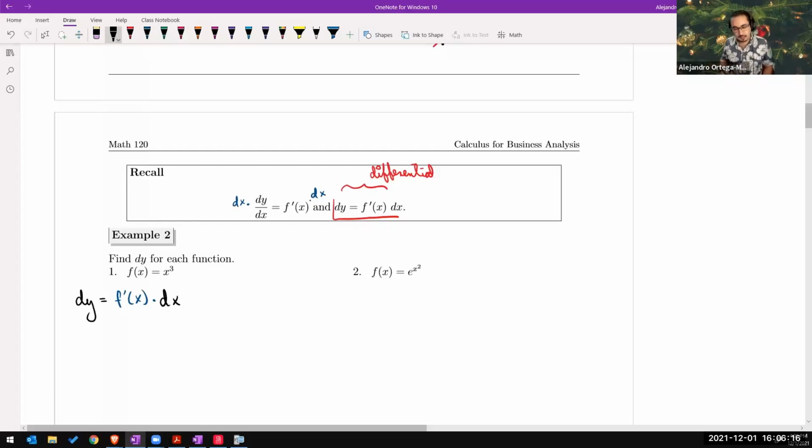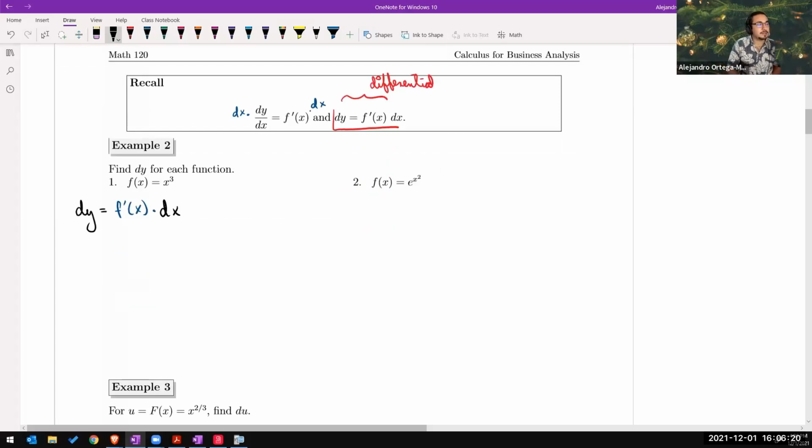We are given the function f of x is x cubed. What would be the derivative of x cubed? dy is equal to 3x squared times dx, and that's it. We did the differential.